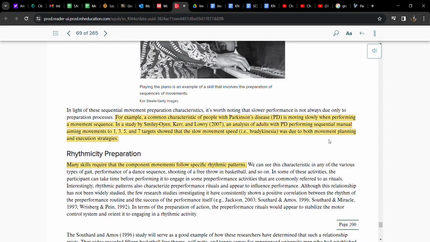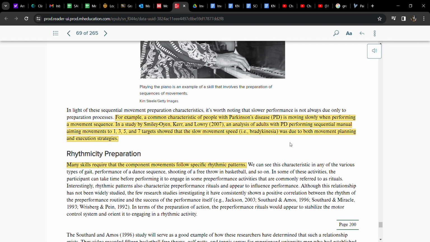So now we're going to make a bit more of a clinical example. We've talked about Parkinson's disease before. An example of this would be if someone with Parkinson's disease is moving slowly when performing a movement sequence. Smiley, Oyen, Kerr, and Lowry in 2007 did an analysis of adults with Parkinson's disease performing sequential manual aiming movements to 1, 3, 5, and 7 targets, which showed that the slow movement speed was due to both movement planning and execution strategies.